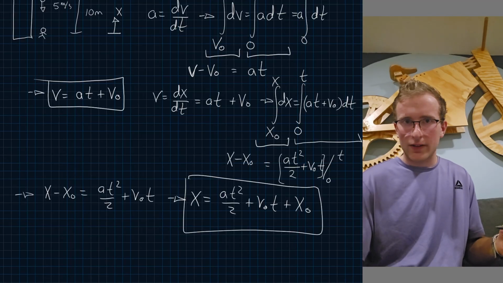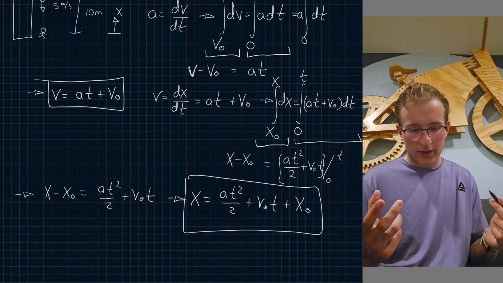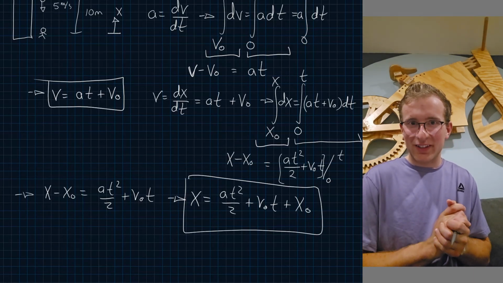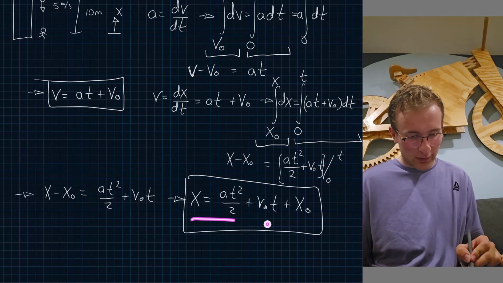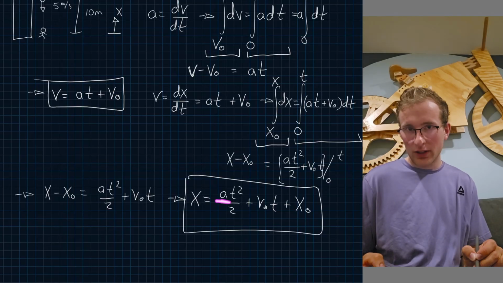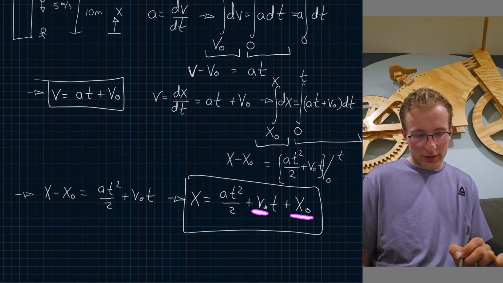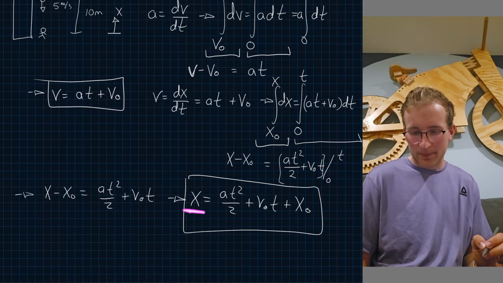And that is our second important equation, again, if acceleration is constant. Okay, I guarantee you have seen these equations before in Physics 1. And so with this lower equation here, if I know acceleration, my initial velocity and my initial position, then I can find position at any time t.